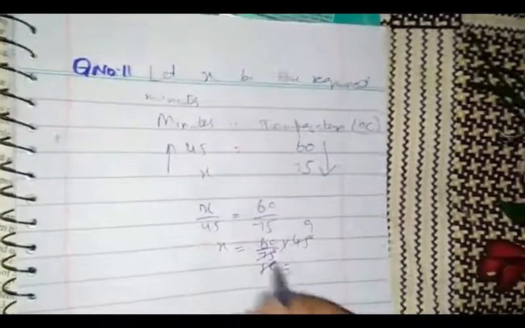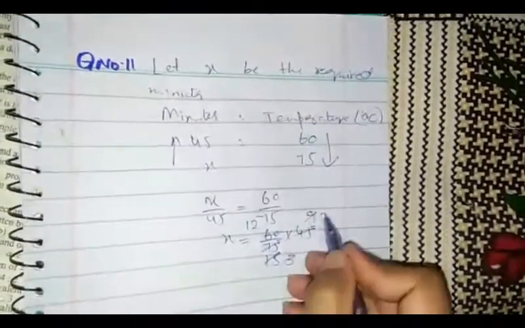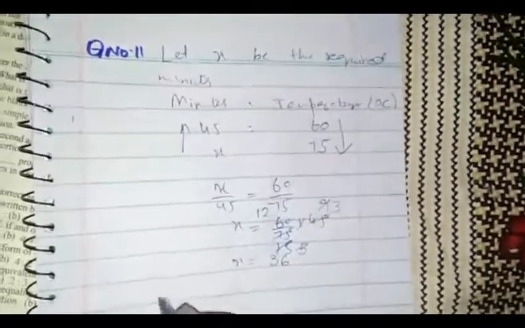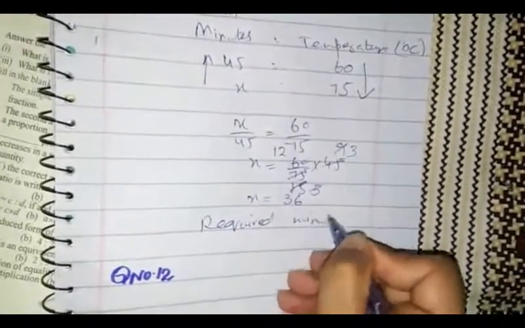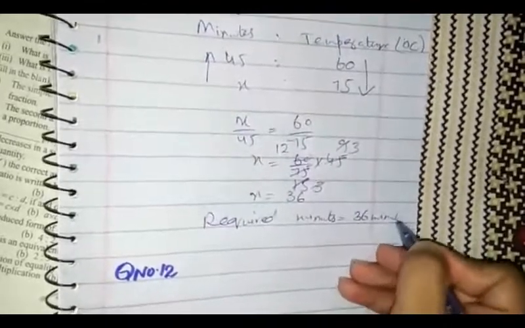And then 5 3s are 15. 5 2s are 10. 3 3s are 9. And 3 12s are 36. So our required minutes is 36 minutes.